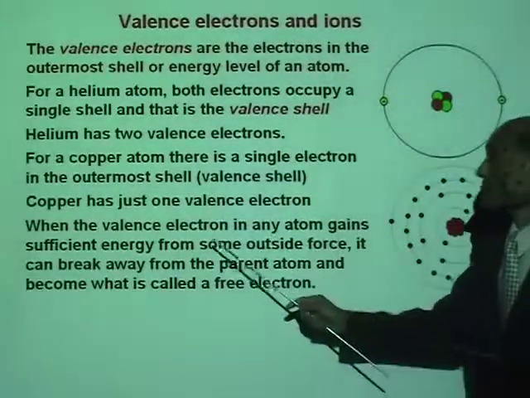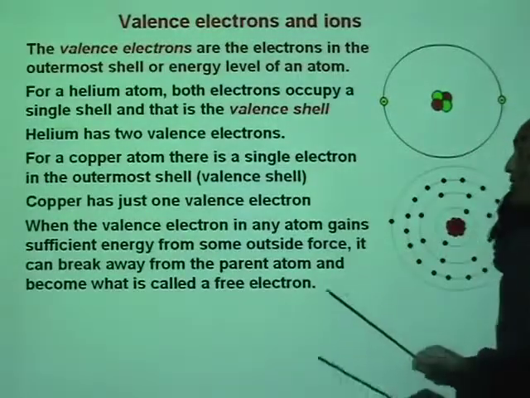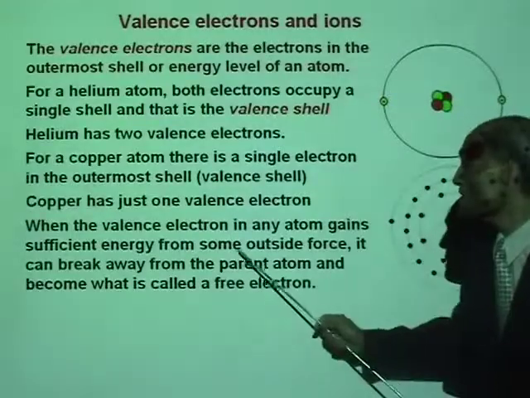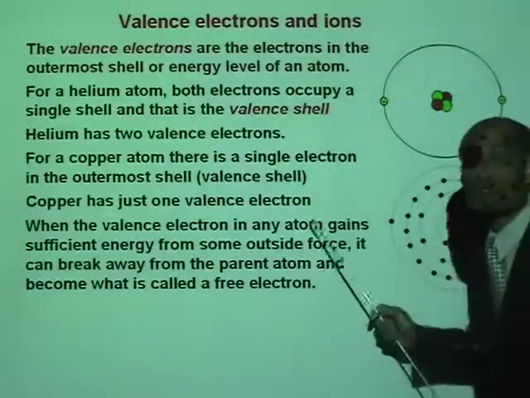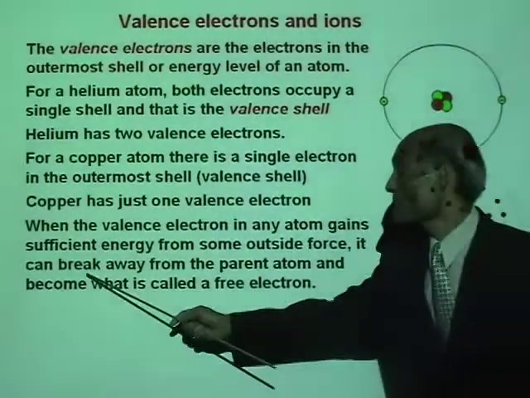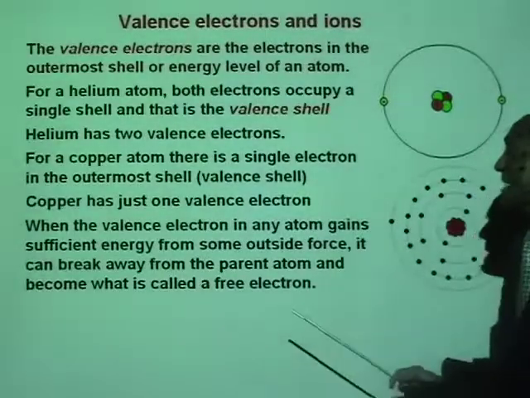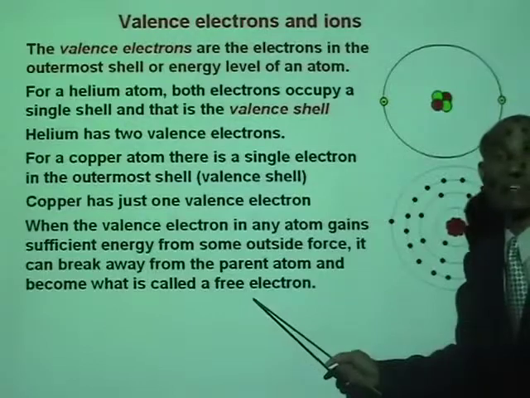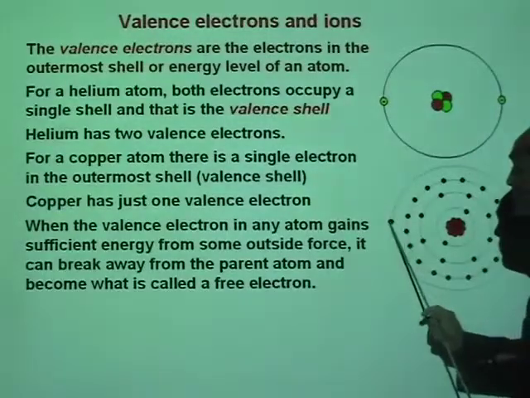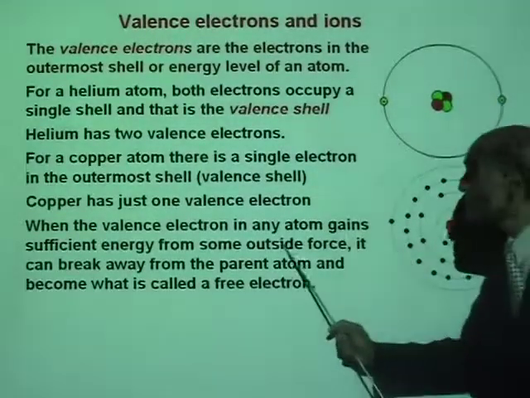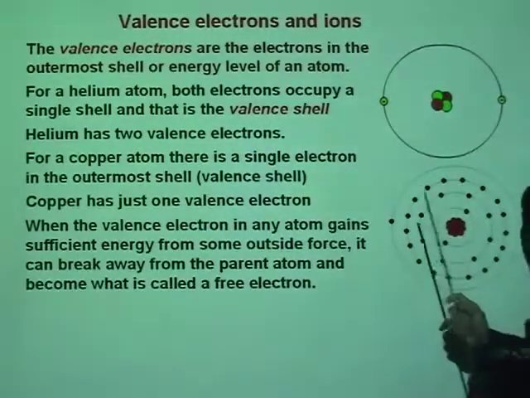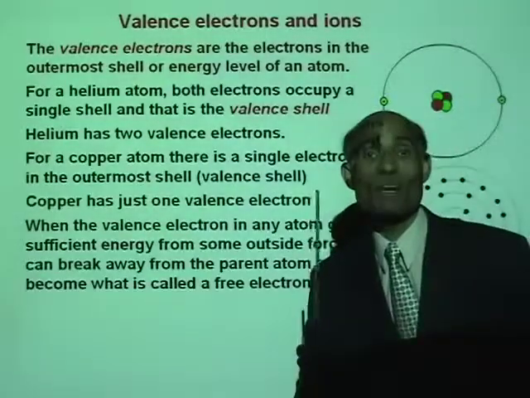Then this electron tends to gain energy and get out. So when the valence electron in any atom gains sufficient energy from some outside source, it can break away from the parent atom and become what is called a free electron. When this electron breaks away, this atom is now deficient in 1 electron.